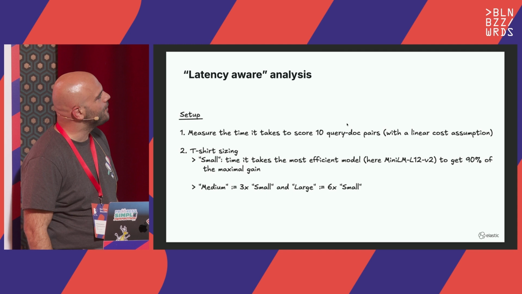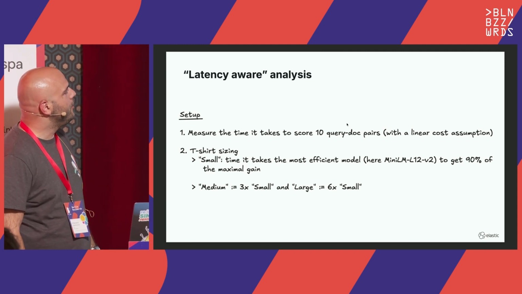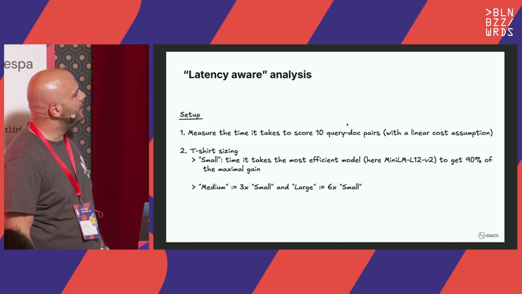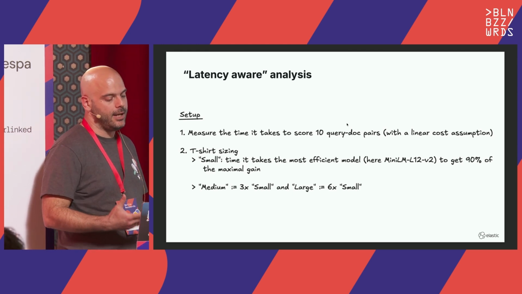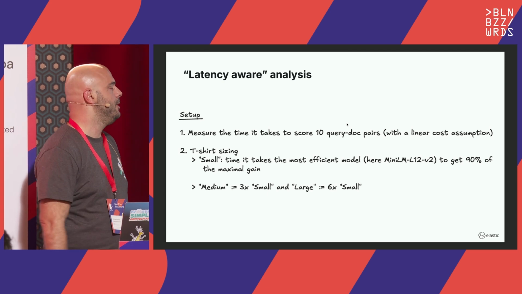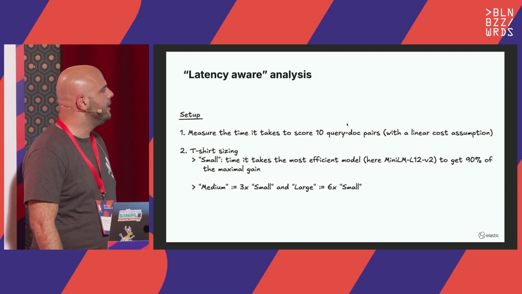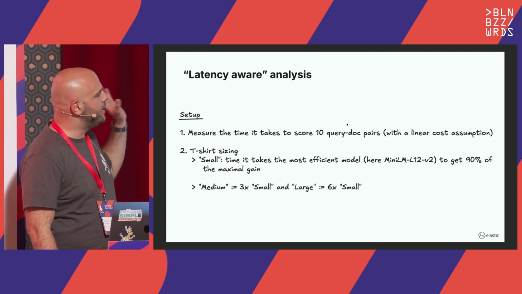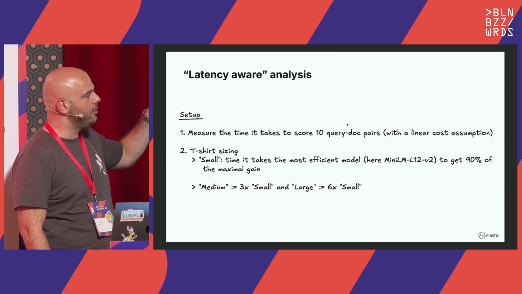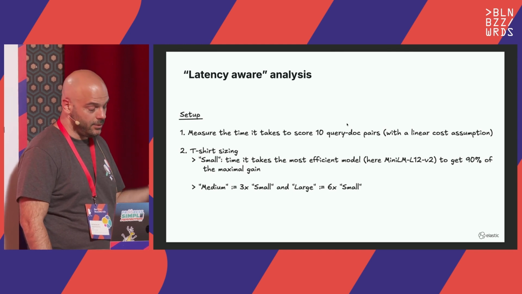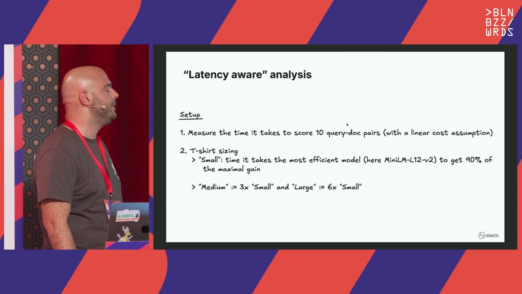And now moving to this latency-aware analysis. What we do here is take into account the time it takes to do re-ranking. First we start by measuring the time it takes to score 10 query-document pairs, and we do that per re-ranker.